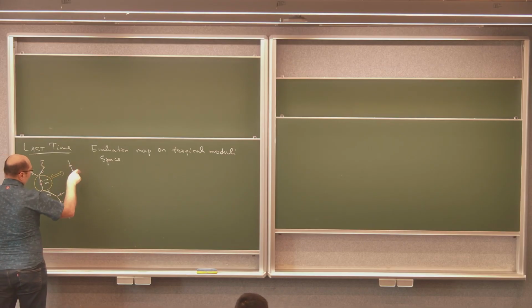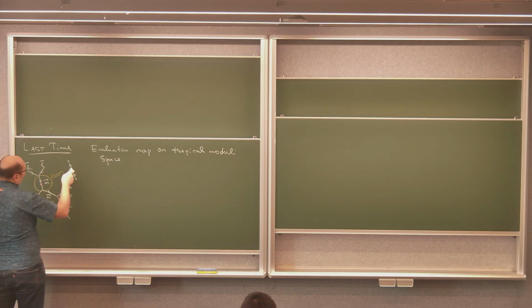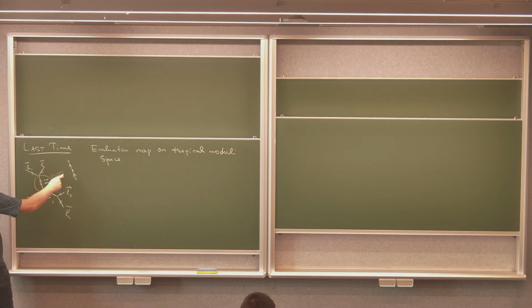Then the moduli space of such a tropical curve with the mark points has a very similar structure to the moduli space of a tropical curve without mark points. So the presence of a mark point just adds an additional internal edge. For each mark point we have an additional internal edge.